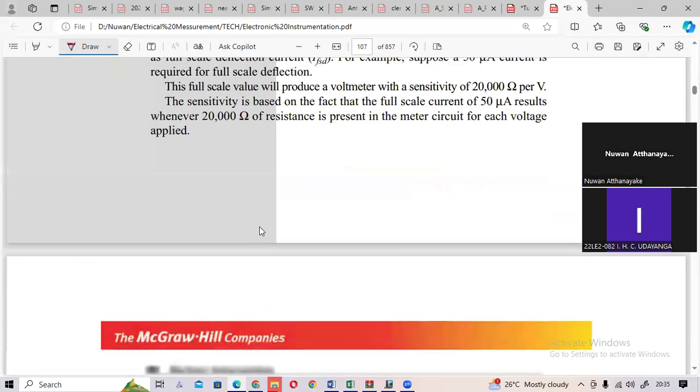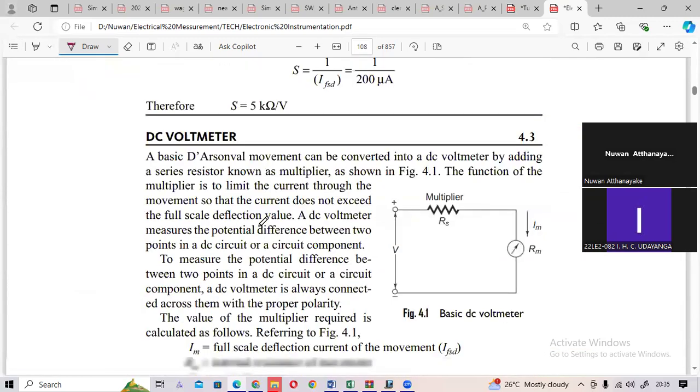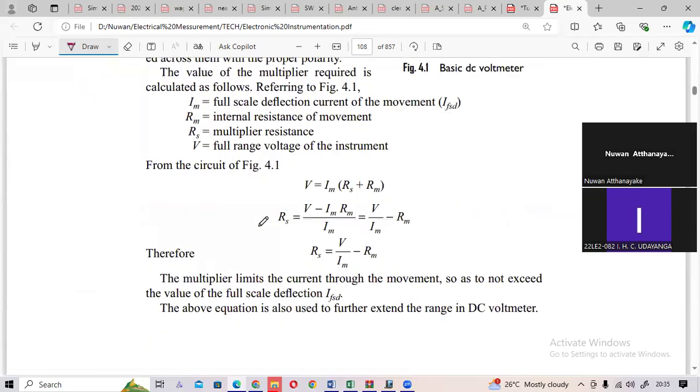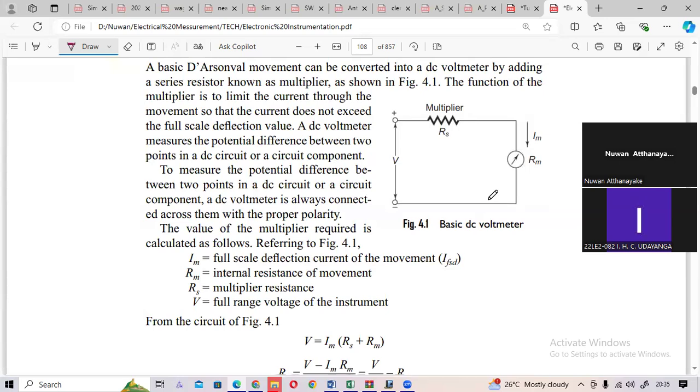So this is the voltmeter. First, the analog voltmeter. Here also the D'Arsonval setup is used. We have a D'Arsonval setup.